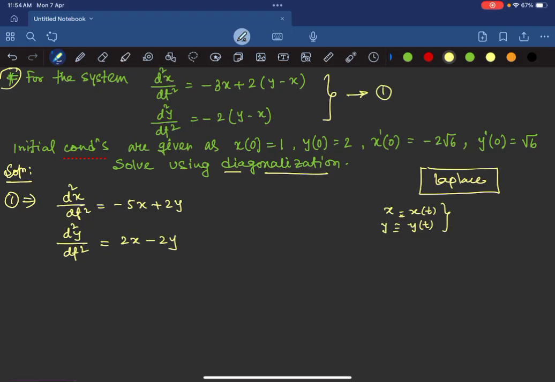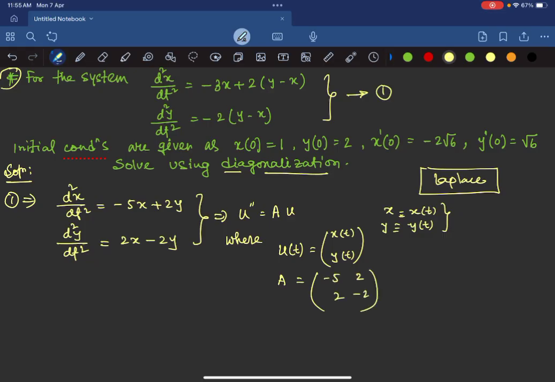Now see, this system can be expressed as u double derivative, u'' = A u, where u, that is u(t), is nothing but (x(t), y(t)), and A is the corresponding coefficient matrix, that is [-5 2; 2 -2].